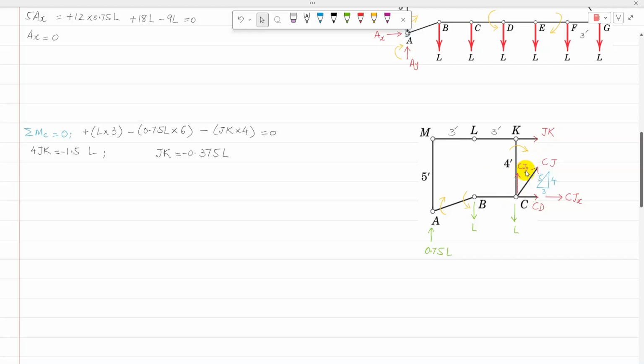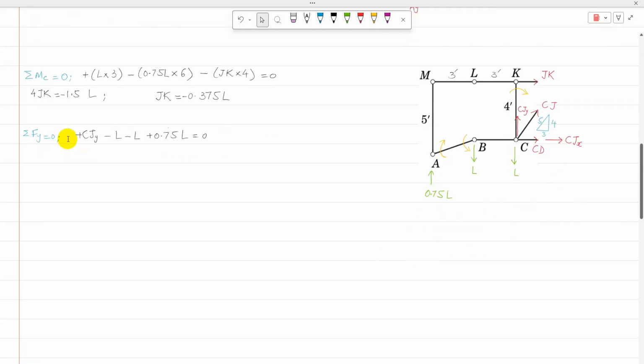To apply sigma Fy equal to 0, Cj is positive. The load at C is negative, at B is negative, and the reaction at A is positive. So it is plus Cjy minus L plus 0.75, and then solving it, it is possible to find Cjy. Cjy can be written in components as Cj times 4 over the diagonal.